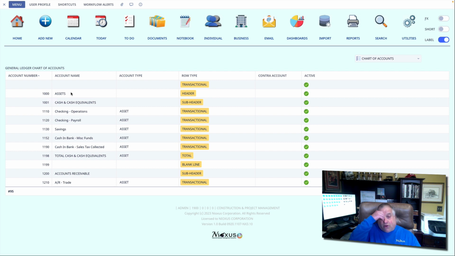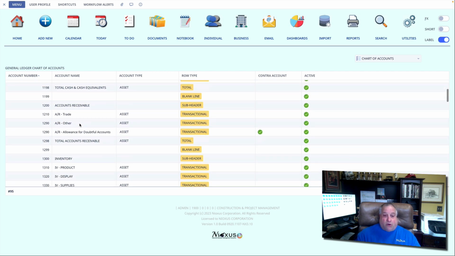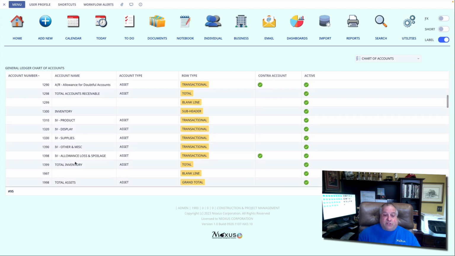They each have their own section subtotal. Here is the subtotal for total cash and cash equivalents in this subsection. Here is the total accounts receivable for this accounts receivable section. And here is the total inventory in this inventory section.